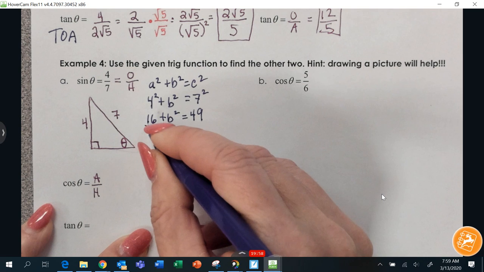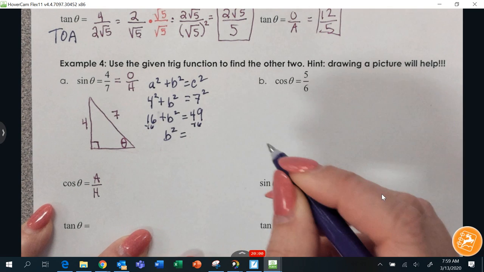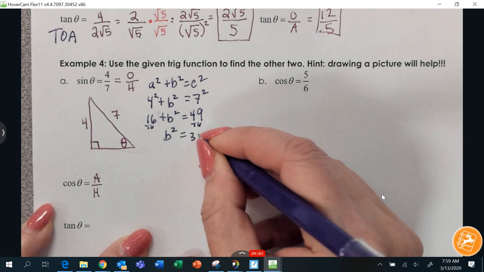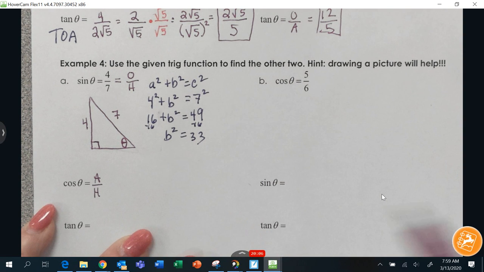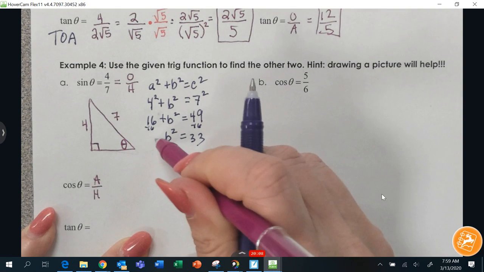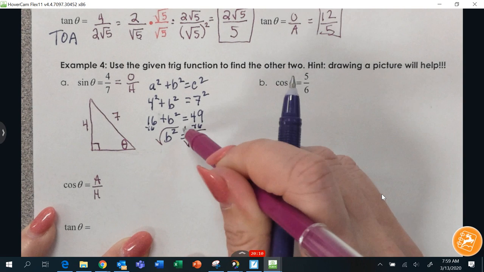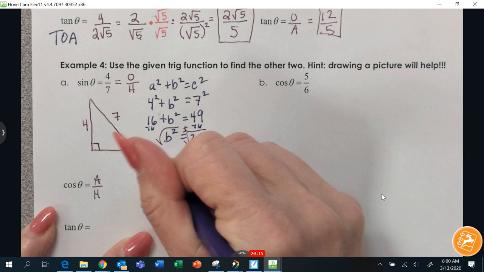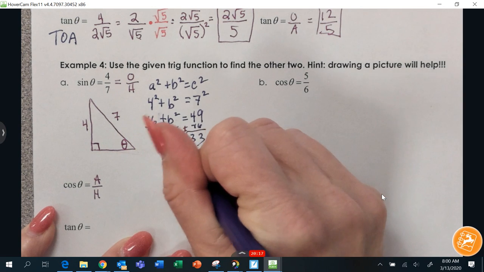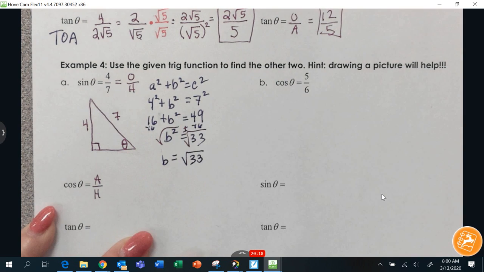Then I'm going to subtract 16 from both sides. Get 33. Then I have to square root, and remember when we square root, we have to plus minus. But then we can just reject the negative because this is a triangle. Square root 33.